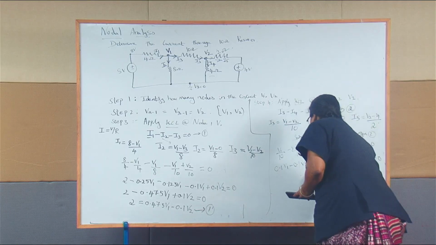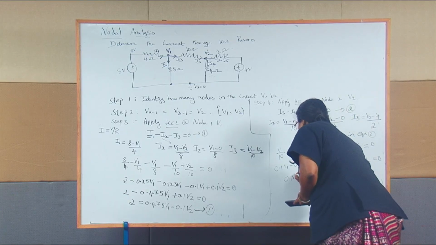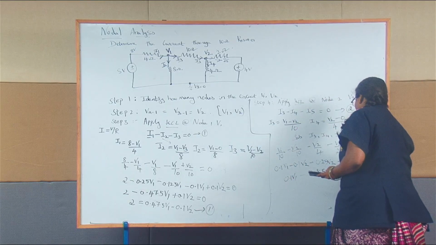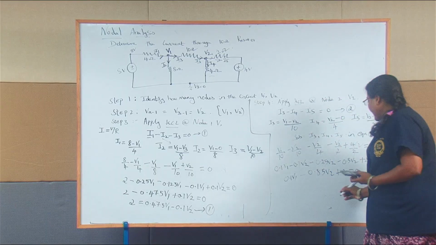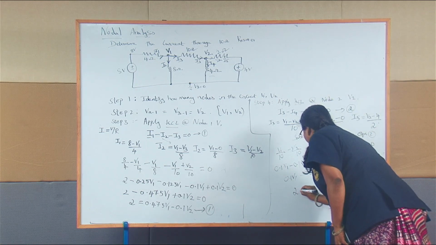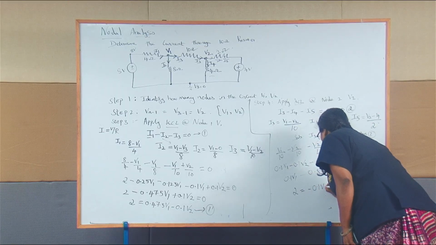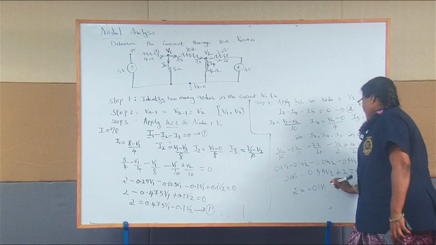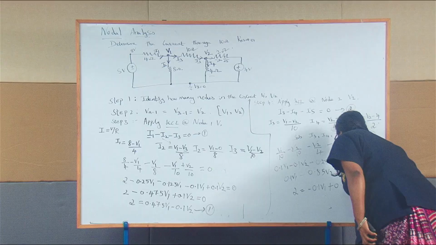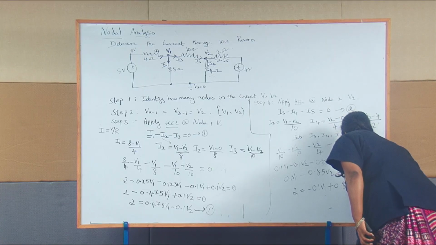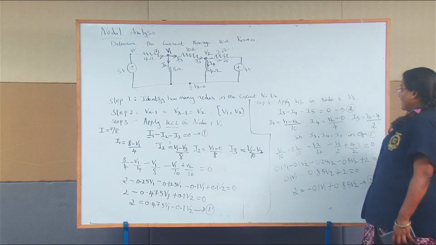So minus 0.85 V2, here 0.1 V1 and then plus 2 equal to 0. I am going to take this V1, V2 values to that side, will become 2 equal to minus 0.1 V1, and if you are taking that side, it will become plus 0.85 V2. So you just consider this equation as second equation.